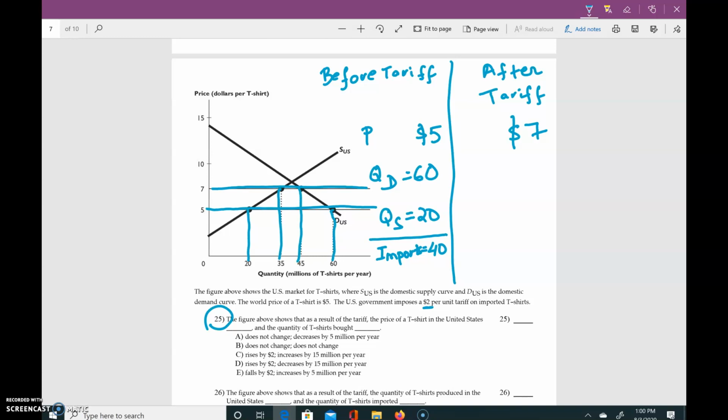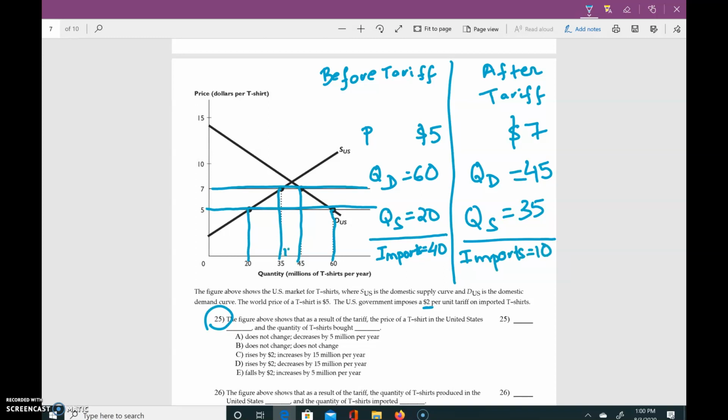So basically it is touching the demand curve at 45, touching the supply curve at 35. So the imports is equal to 10.